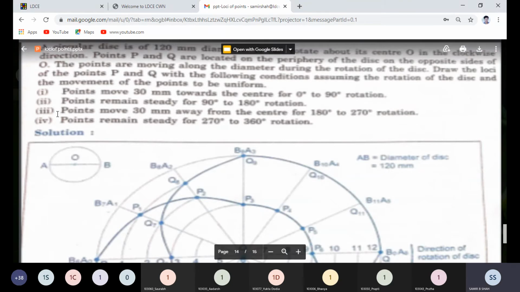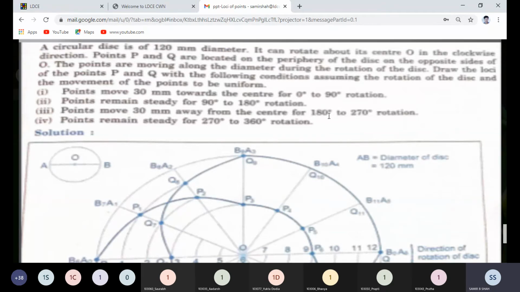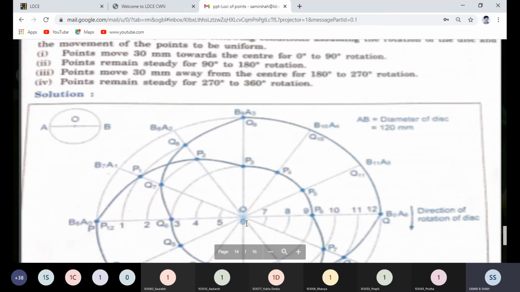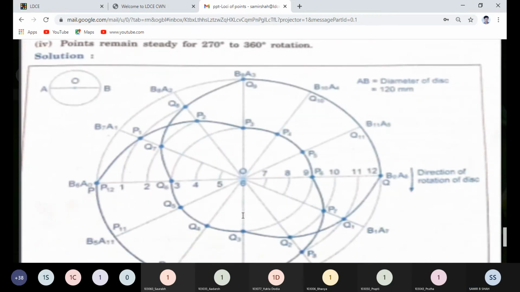Now condition 3. Point moves 30 mm away from the center for 180 degree to 270 degree rotation of the disc. So once again take O as a center. Now take radius equal to O10.